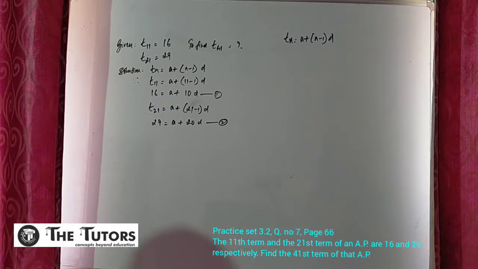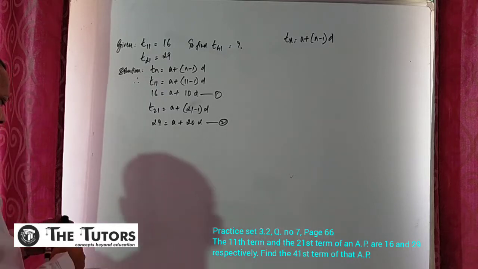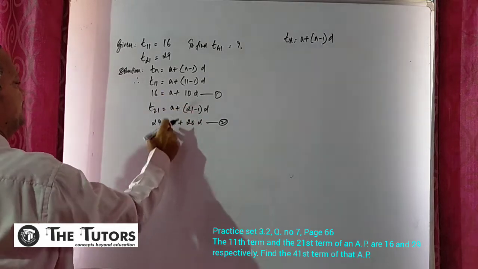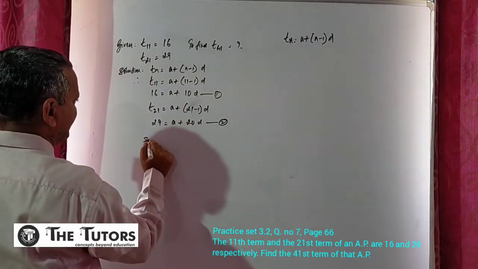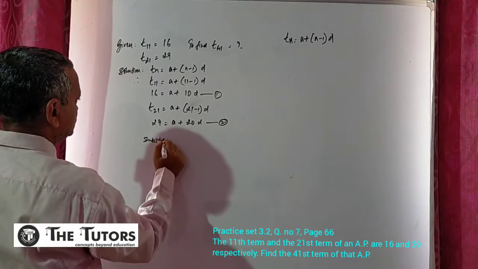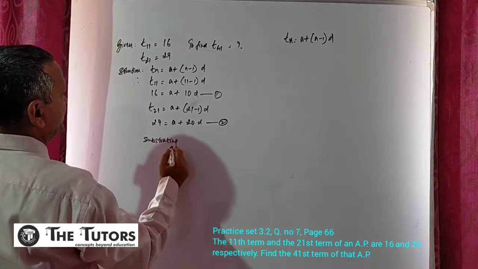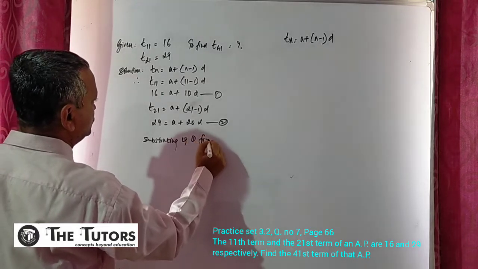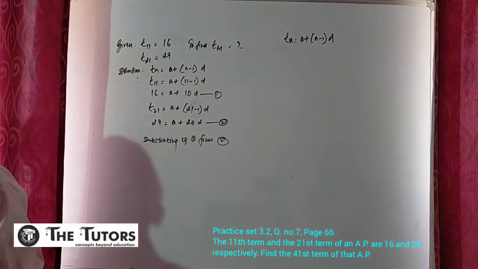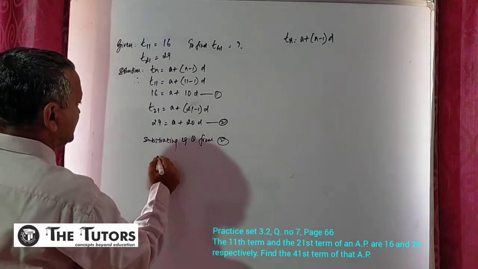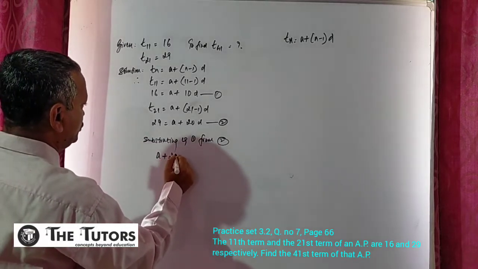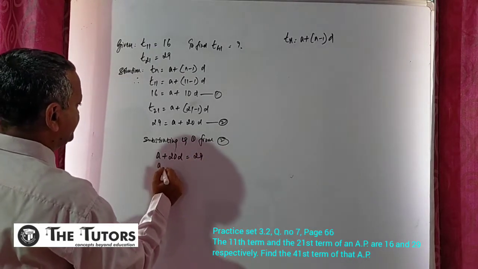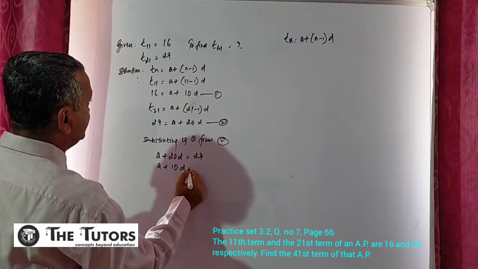We subtract them. a can be eliminated by subtracting equation number 1 from 2. This is a plus 20d is equal to 29 and a plus 10d is equal to 16.